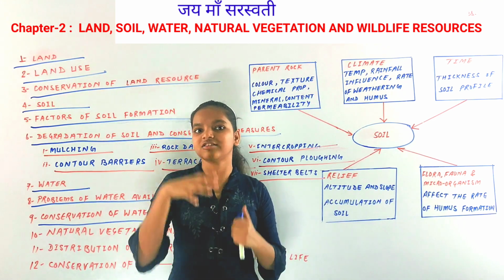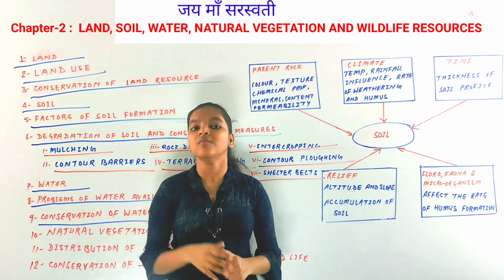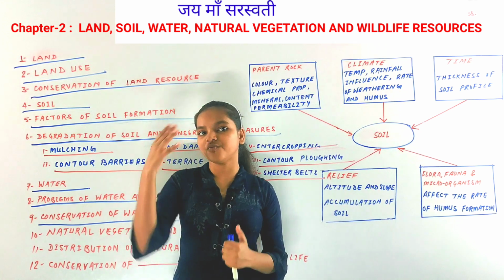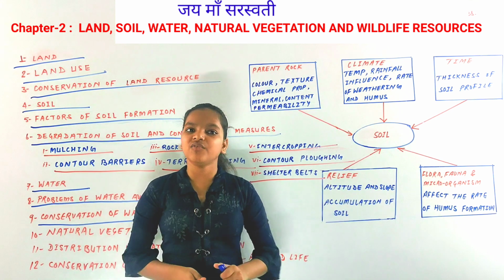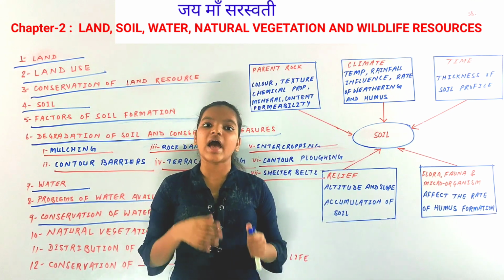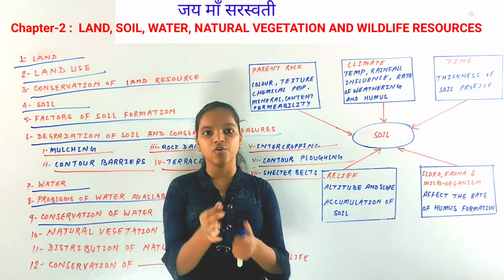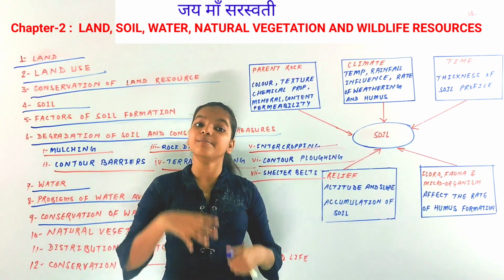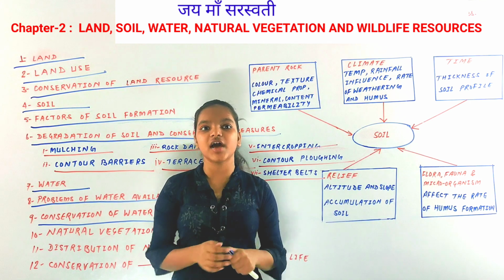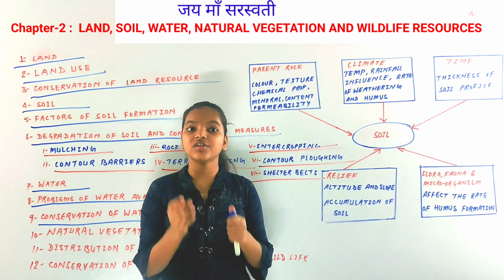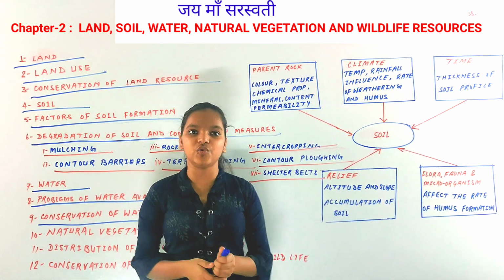And sprinklers should be used in fields and farmlands for growing crops. So there are many ways to conserve water. And even in your home, you can save water in many ways. We have to save water, because it's a very important source.